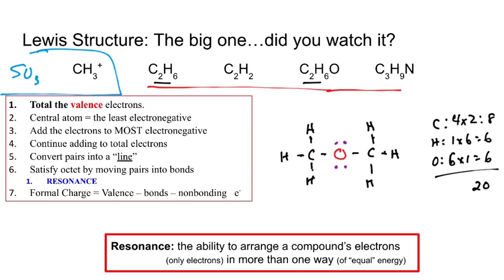It needed 4 bonds. How many bonds did oxygen need? 6. It had 6 valence, which meant it needed 2 bonds. But to achieve its octet, I have to get all the way up. There's my last 4 electrons.